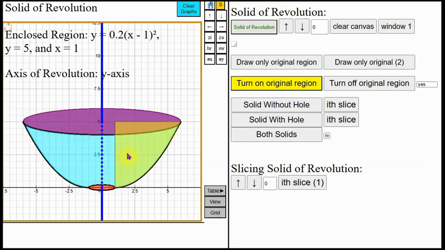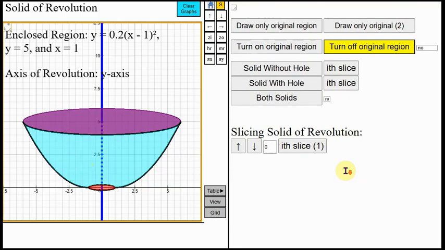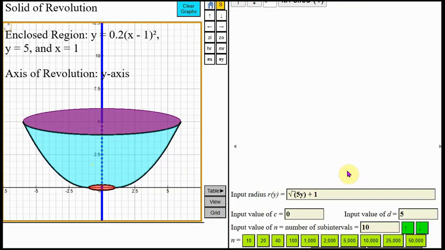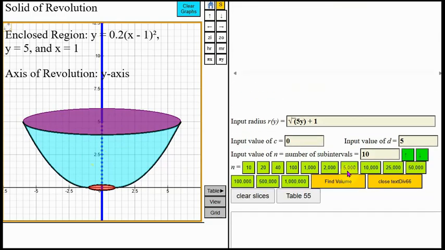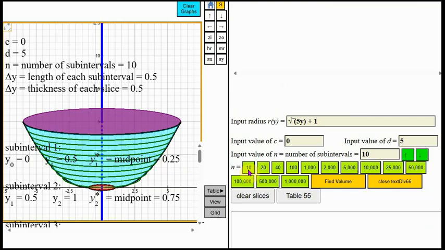And so here's the solid without the hole. And so what we want to do is find the volume of this solid. And so again, we're going to divide this solid into many slices and then find the volumes of the slices and then add them together. So for example, here I divided the solid into 10 slices.